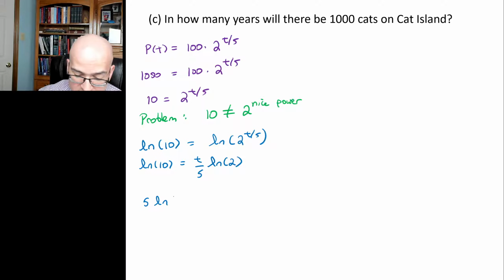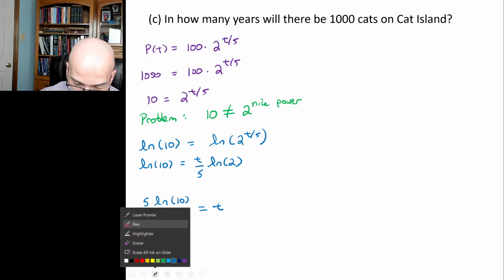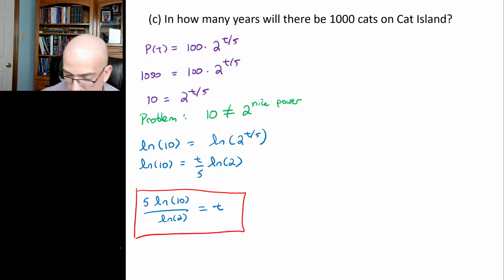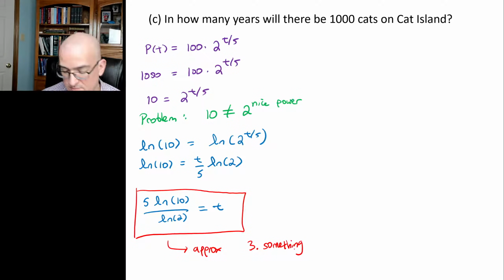So 5 ln 10 over ln 2 is equal to t. And that'll be your answer. Three-point something. The calculator would tell us what exactly that 3-point something is, but it has to be 3-point something.